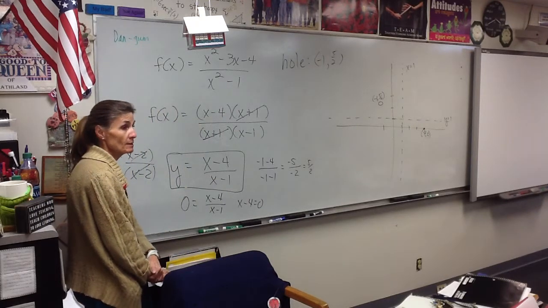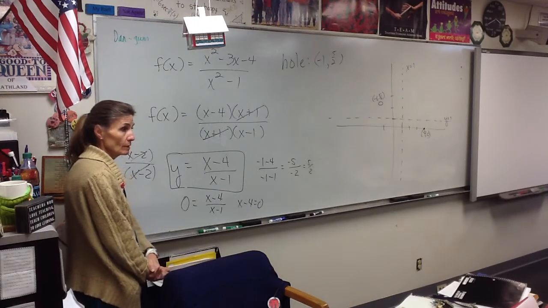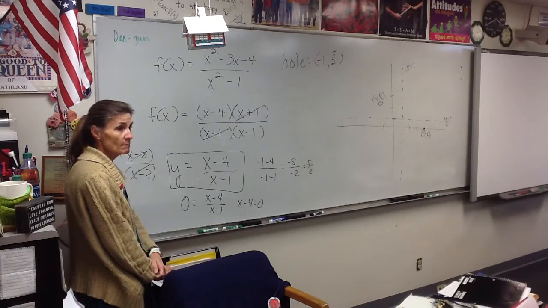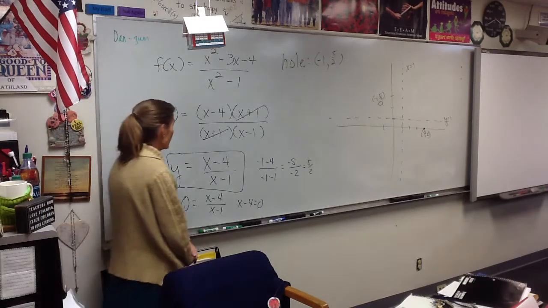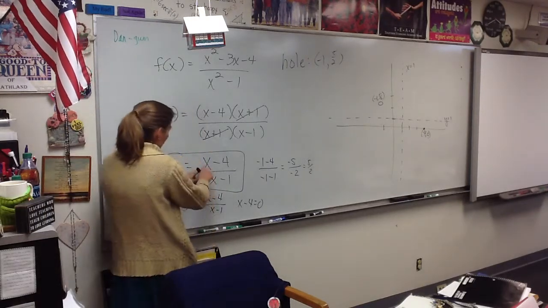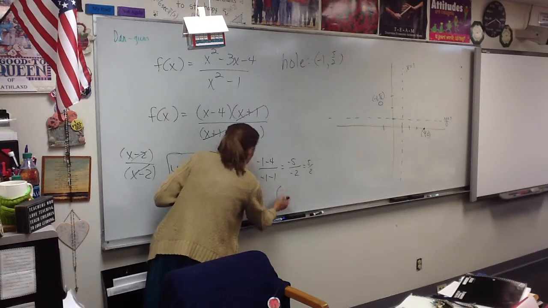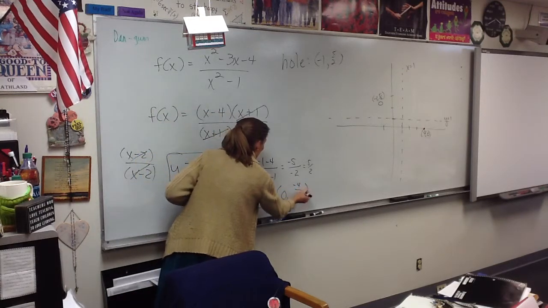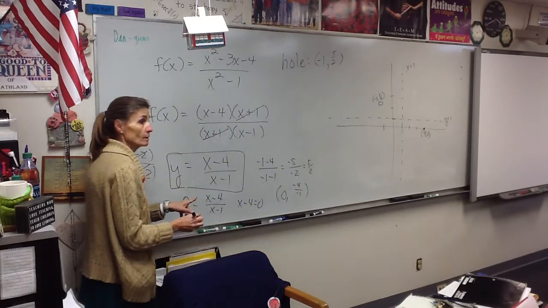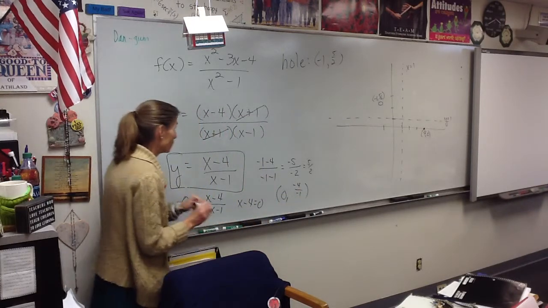My y-intercept. Anybody remember how to find the y-intercept? Put 0 in for x. So if I put 0 in for x, I get -4 over -1, which is 4.